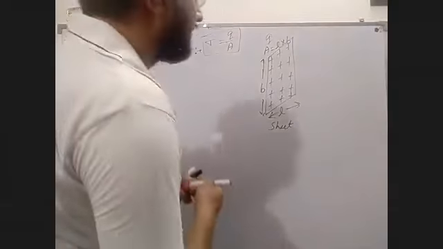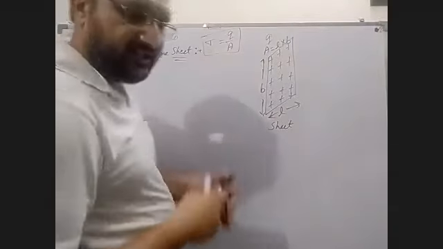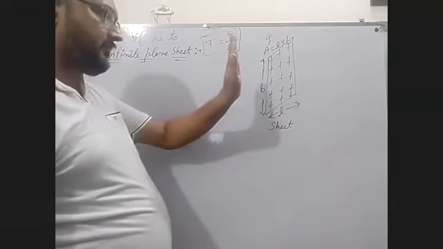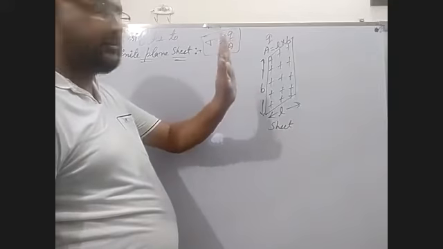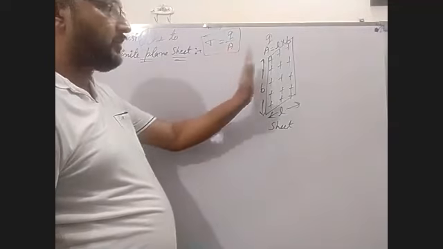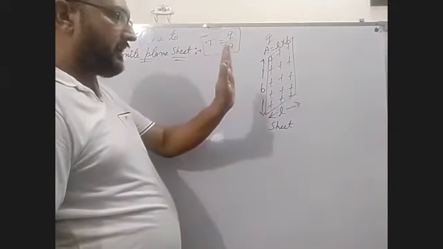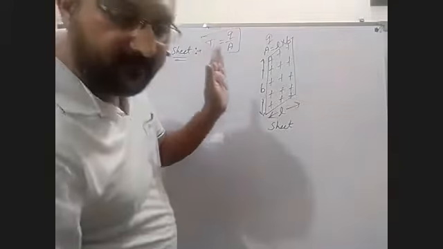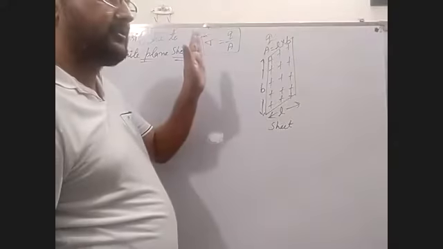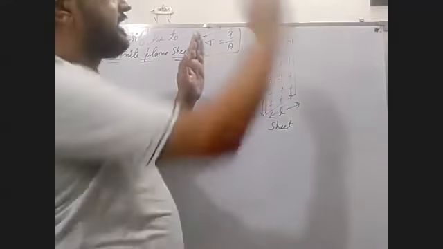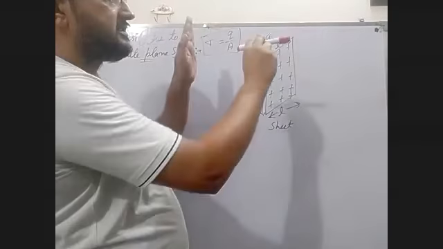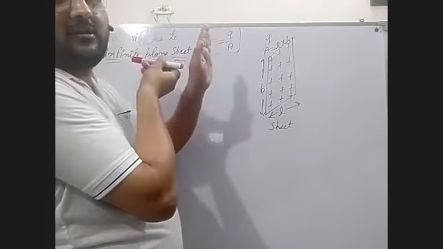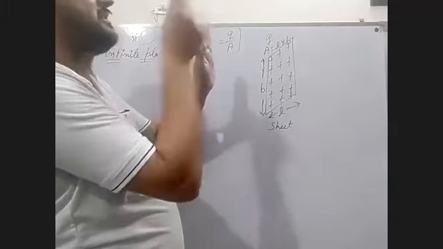Where is the electric field line? Can you tell me? This sheet is arranged like this on the board. If this sheet is charged, then where is the electric field direction? In this one, that one, this one, or this one? Only in these two directions electric field is there.